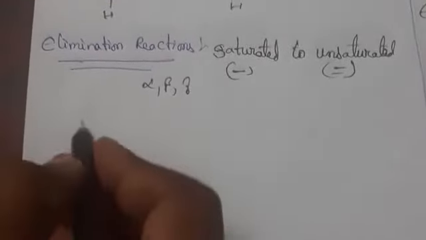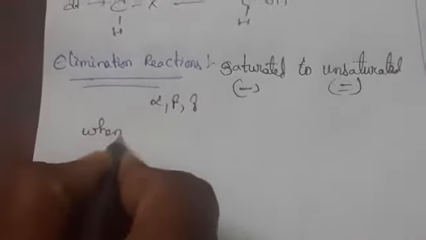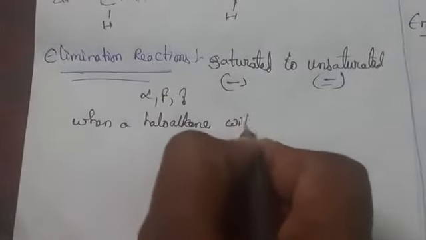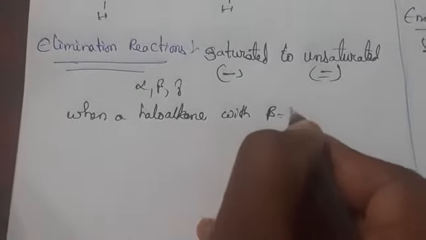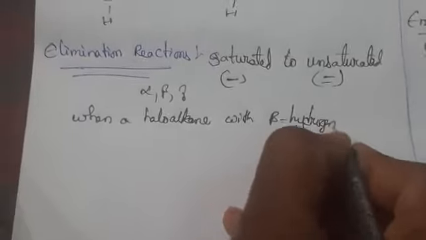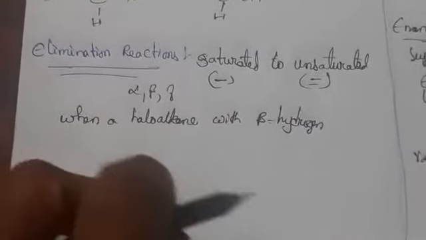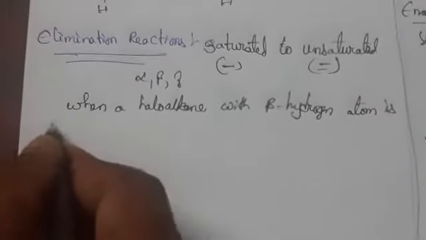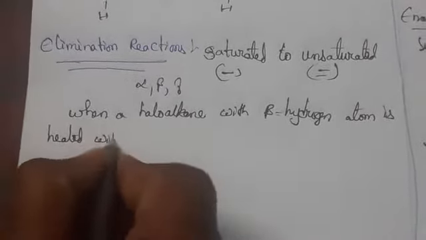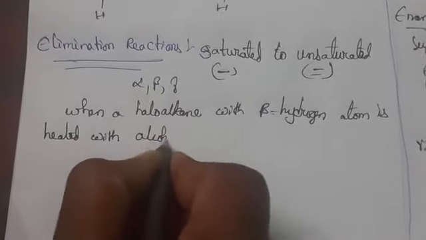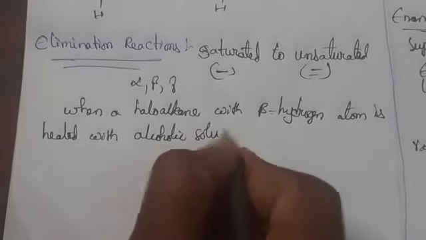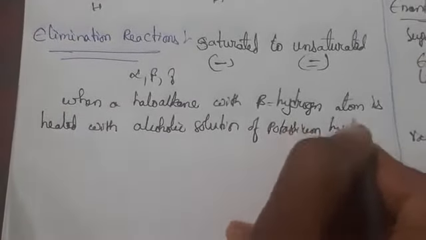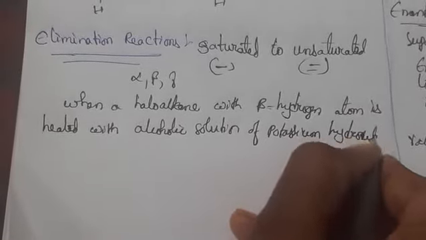Beta elimination is when a haloalkane with beta hydrogen, that is, having a beta hydrogen, is heated with an alcoholic solution of potassium hydroxide, that is KOH. If you take an alkyl halide, we see the alpha position and the beta position; in that we take the beta hydrogen.